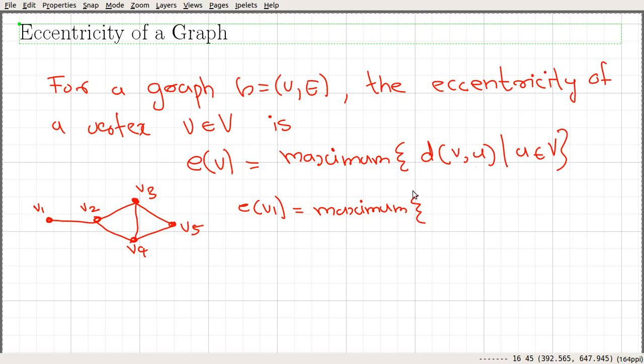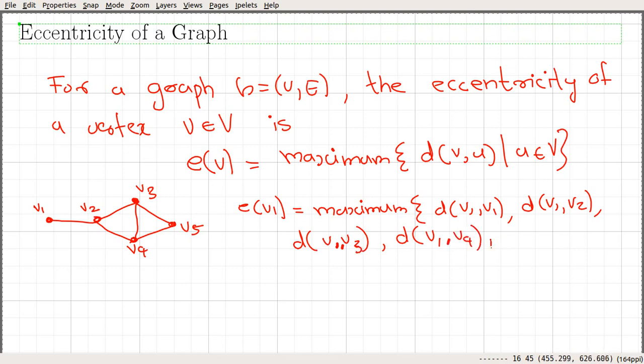So it will be equal to the maximum of the distance of v1 comma v1, distance of v1 v2, distance of v1 v3, distance of v1 v4, distance between v1 v5.